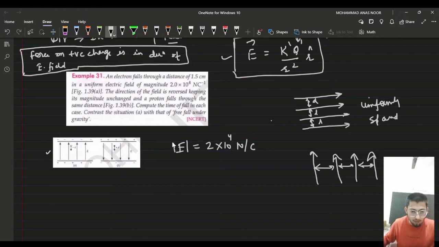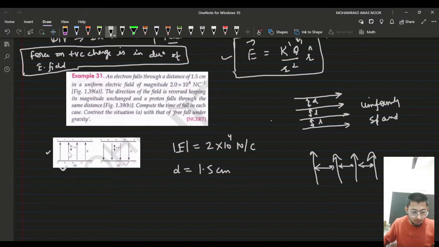It falls a distance of 1.5 centimeters. Forget about the next statement because it is about the B figure. We need to find the time of fall in each case. So there are two cases. The first one is this case.